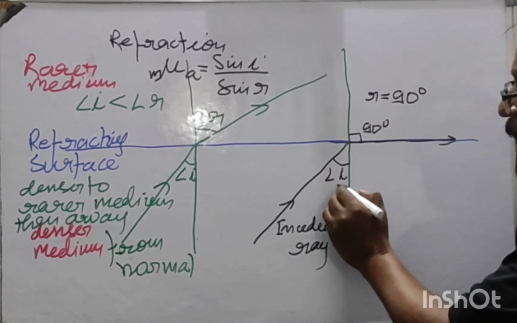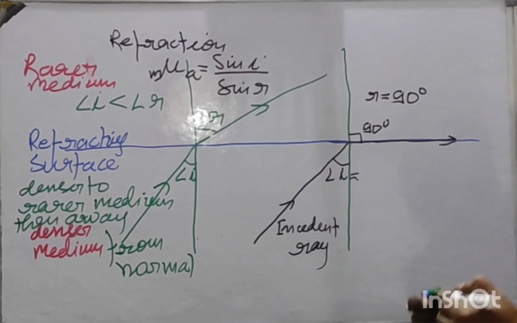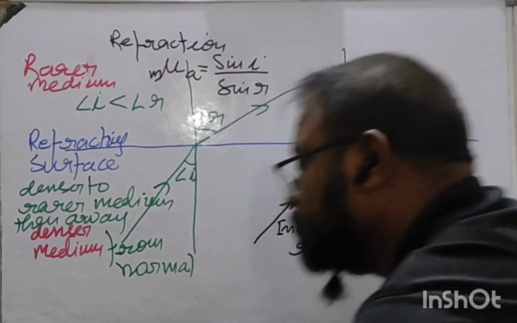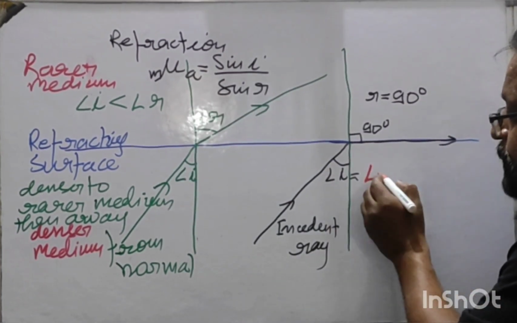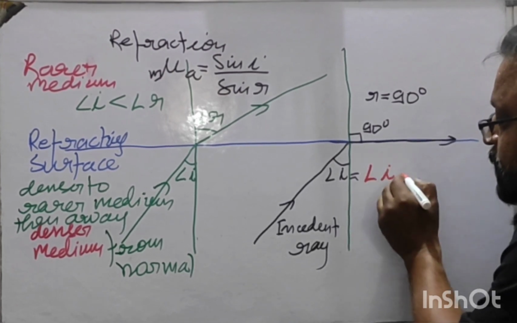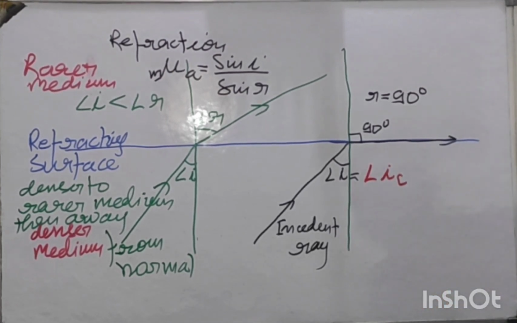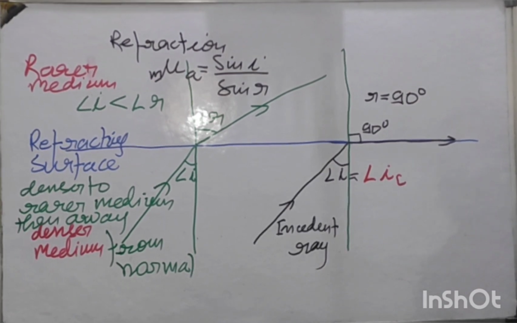Then this I is known as critical angle, right? So what is the definition?